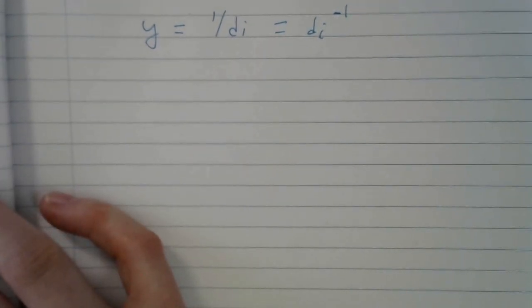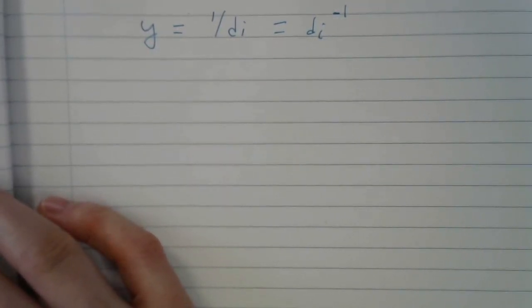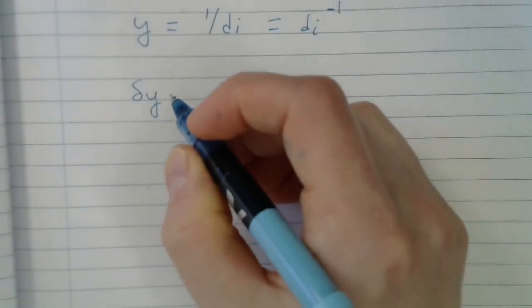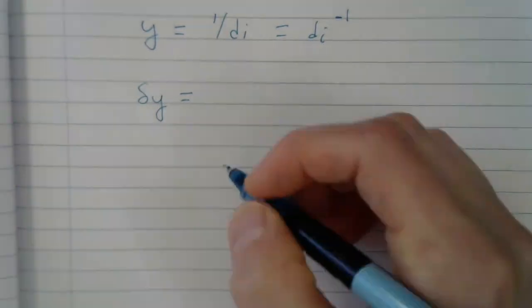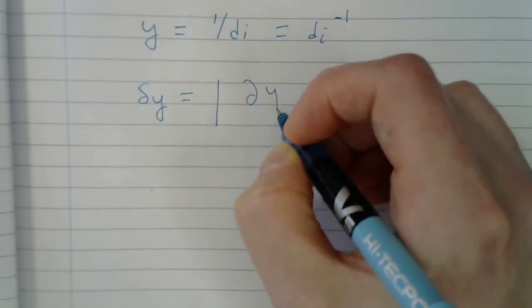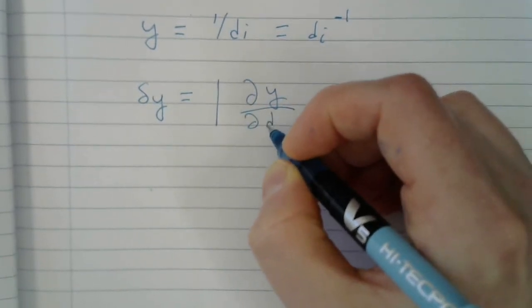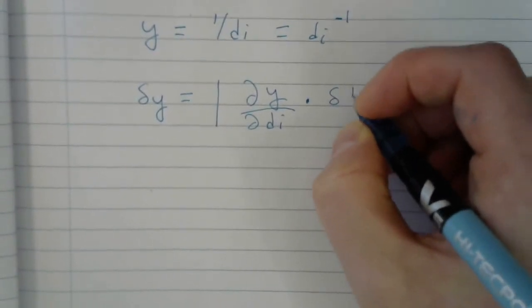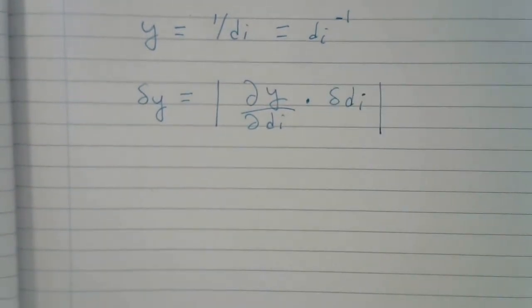And then to figure out the uncertainties to plot on your graph, you'll use the calculus equation. We only have one variable here, so we have the partial derivative of y with respect to di times the uncertainty of di.